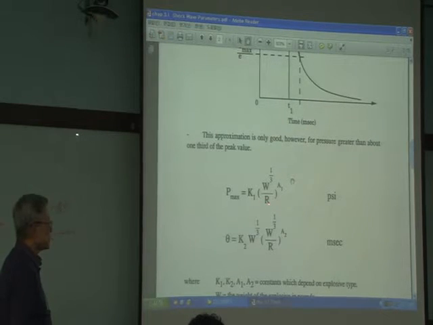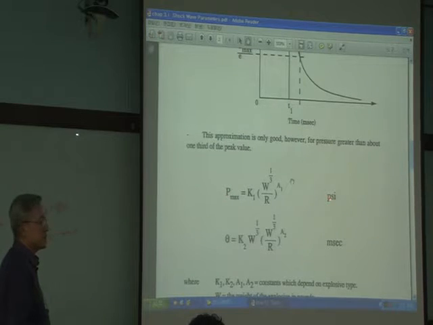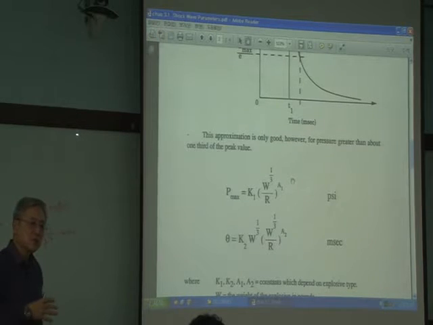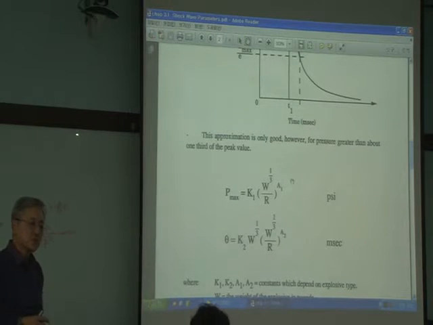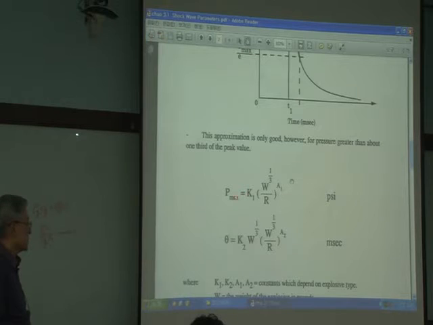This is feet, this is pounds, then this is PSI, because this was originally developed in the US by the US Navy. In Europe, they convert into metric. In Korea, you convert into metric too. That's what we are using.